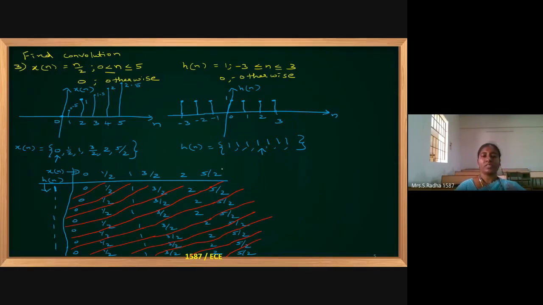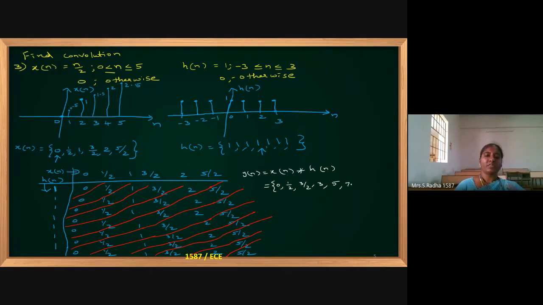So y of n is the final answer: y of n equals x of n convolution h of n. The first element is 0, then 1 by 2, 3 by 2. 2 plus 1 is 3, then 2 plus 3 is 5, after 5 it is 3, 5, 5 plus 2.5 is 7.5, which is 15 by 2.